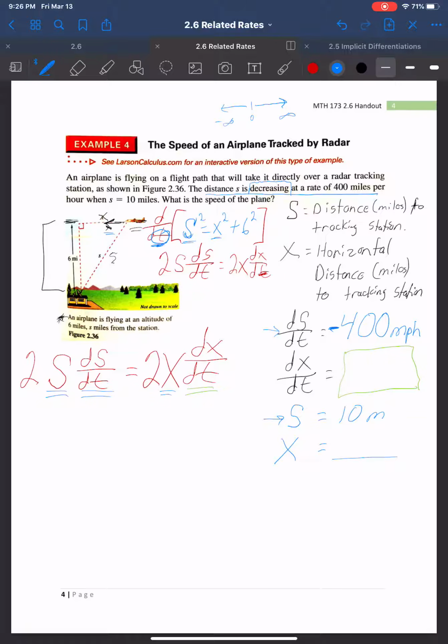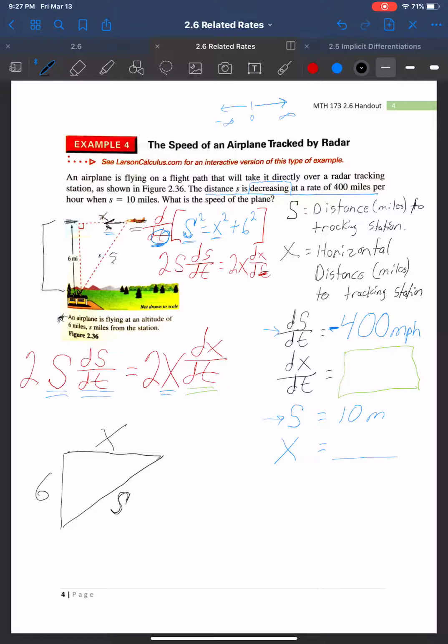So now we have to go back and figure out what information we have that we can use to solve for x. Well, let's draw this triangle. So we know that this side is 6, this side is x, and this side is s.